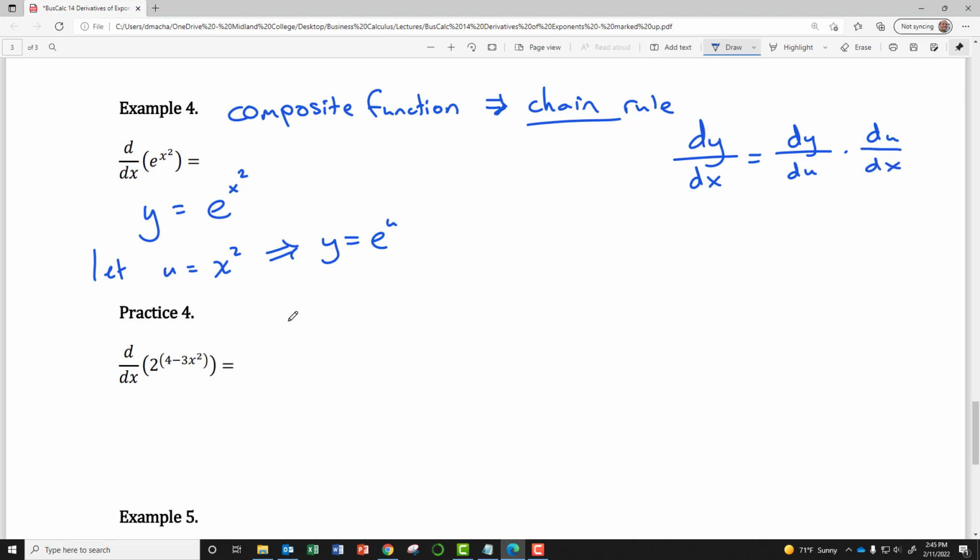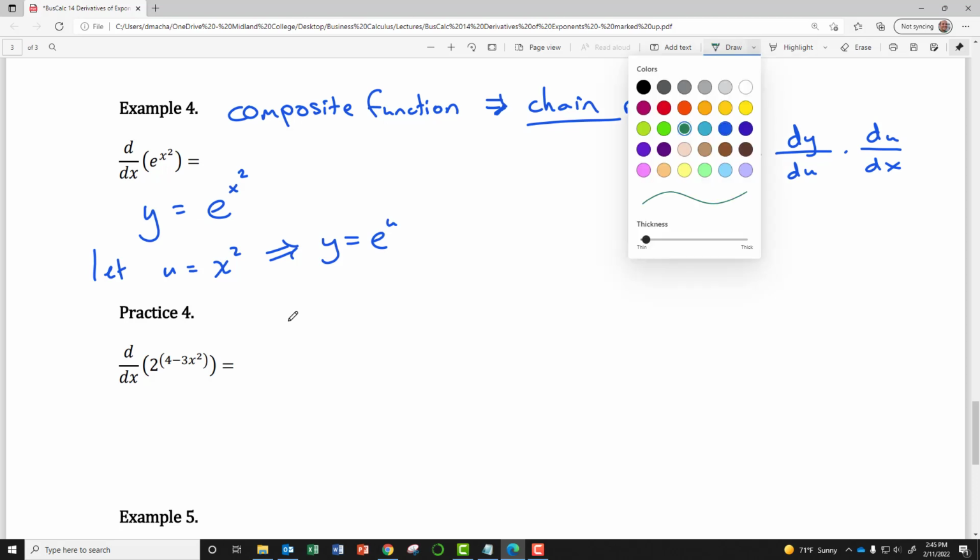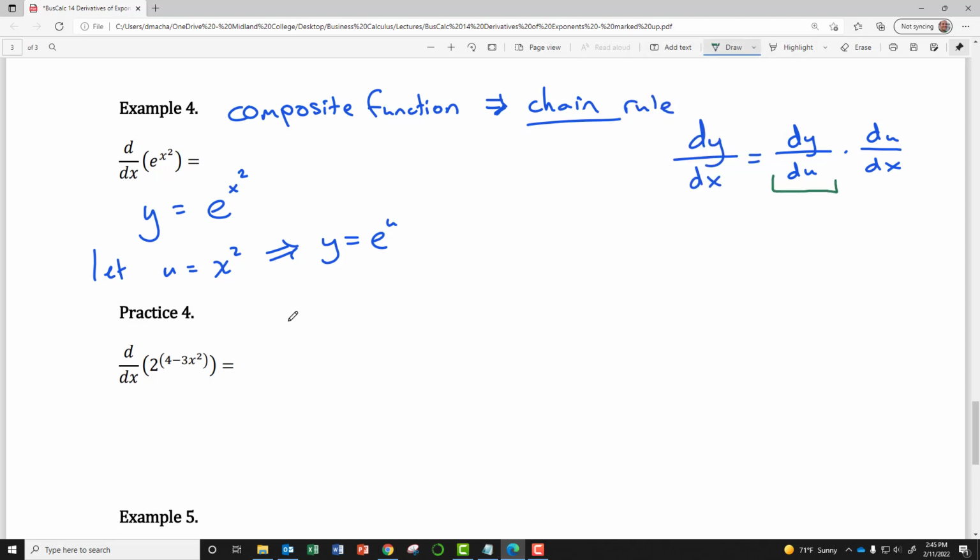I can just choose u to be some simpler function of x that I see appear in my function y. So I can write y as equal to e to the power u. Now I'll switch pen colors. For this dy/du, the derivative of e to the u with respect to u is just e to the u.